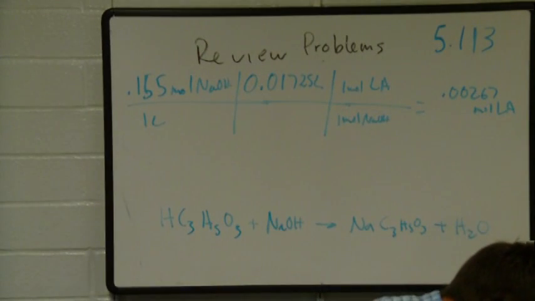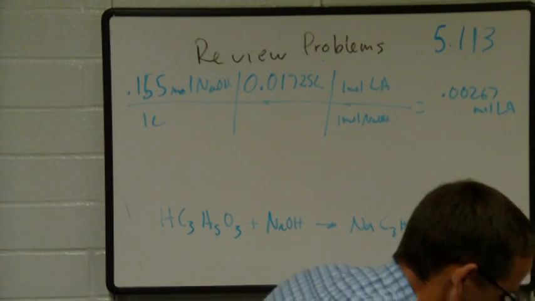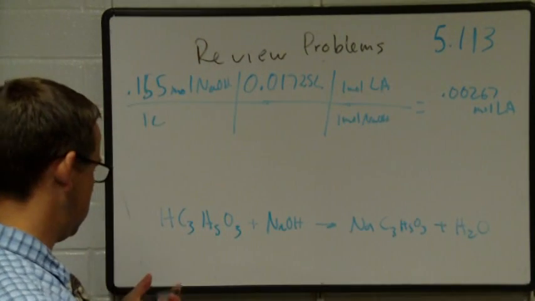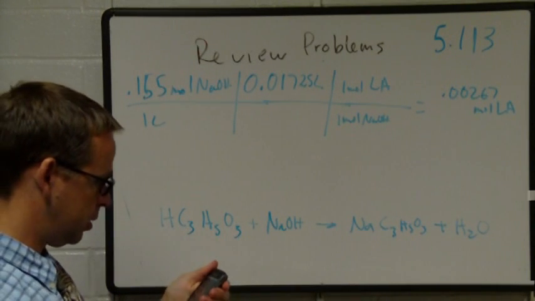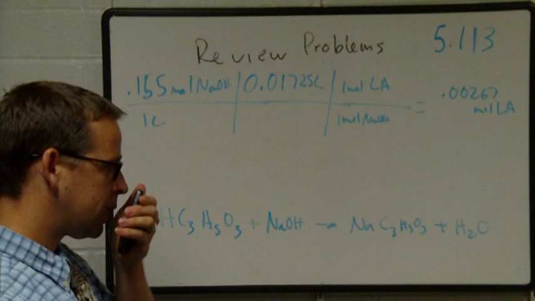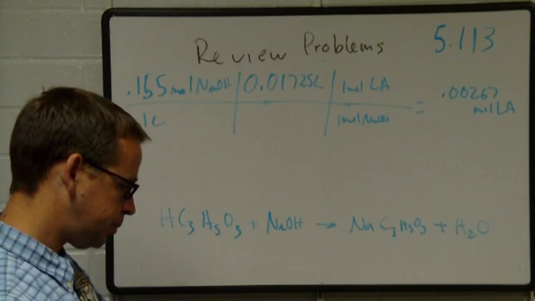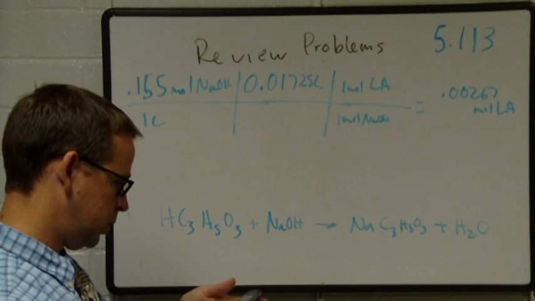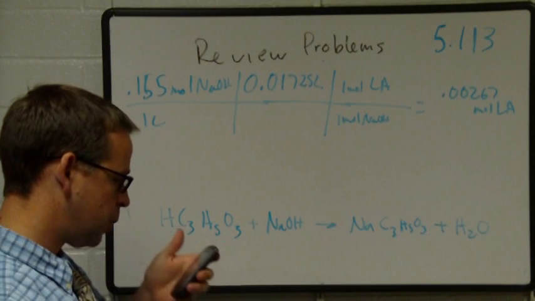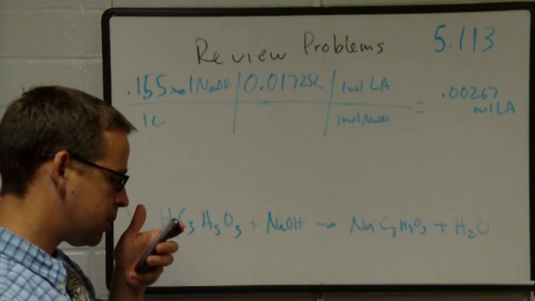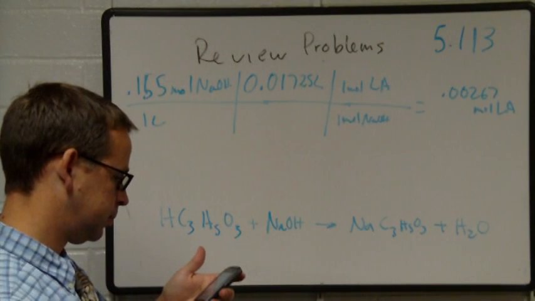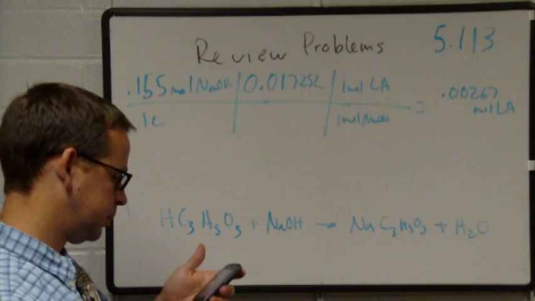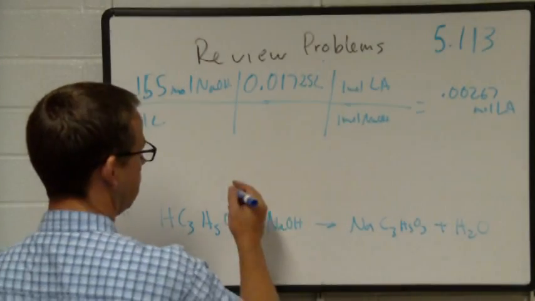All right, how many grams of lactic acid were in the sample? Well, we have to know the molar mass of lactic acid. We could add all that up. It won't take too long, but I'll bet I can still beat it doing this. Molar mass of lactic acid is 90.08.